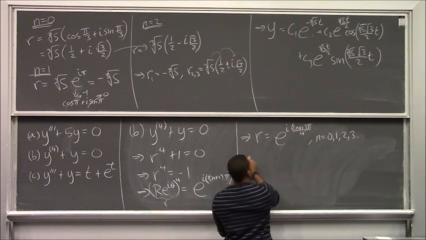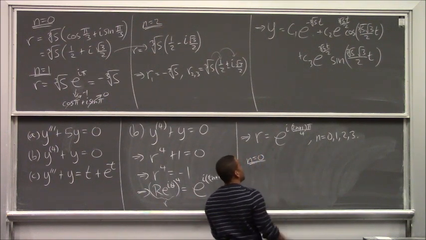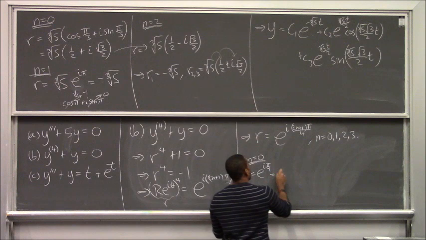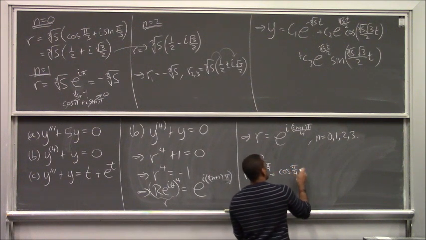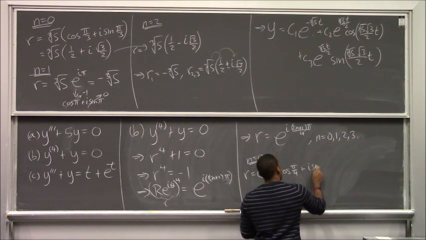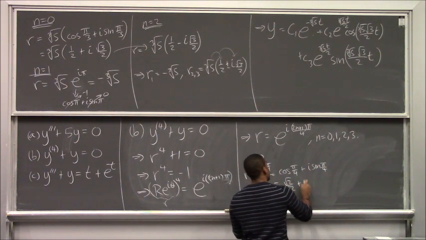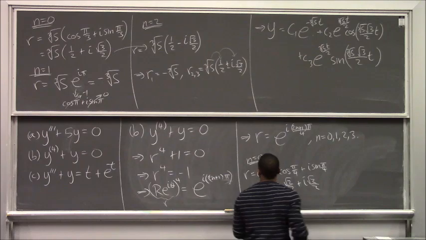Now you plug in n equals 0. This means r is equal to e to the i pi over 4, which is cosine pi over 4 plus i sine pi over 4. We know that this is radical 2 over 2 plus i radical 2 over 2.